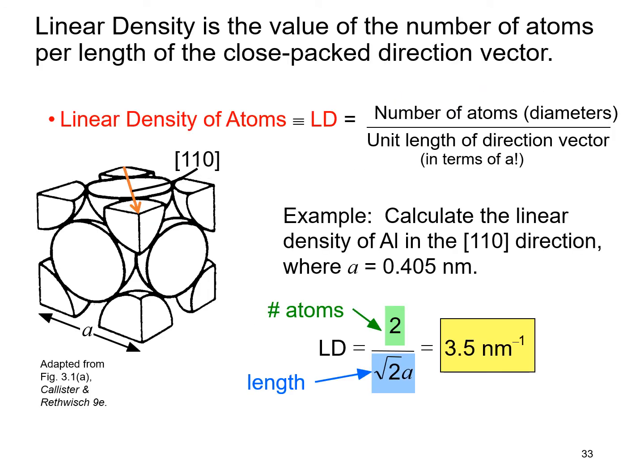And finally, we can define linear density for a given unit cell as the number of atoms per length of the close packed direction vector.